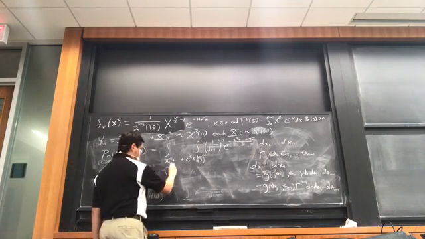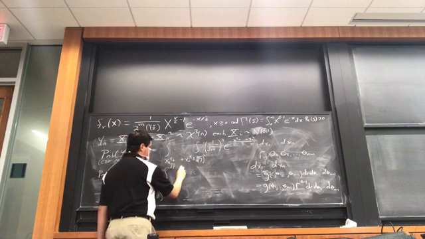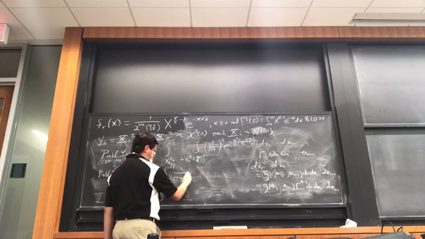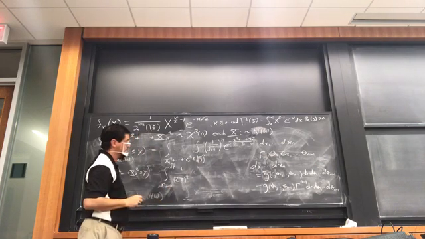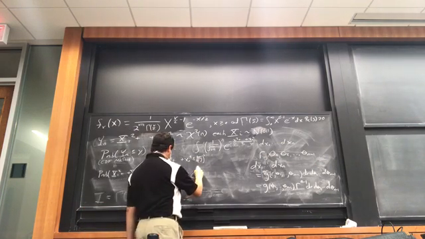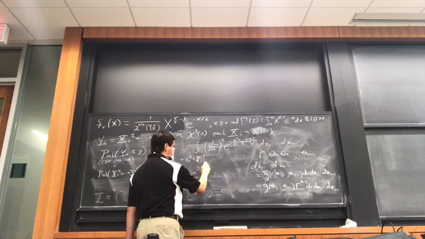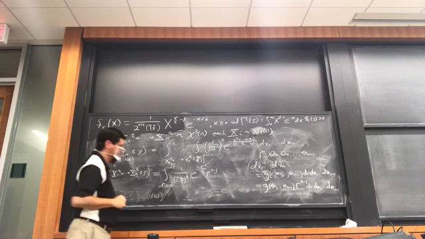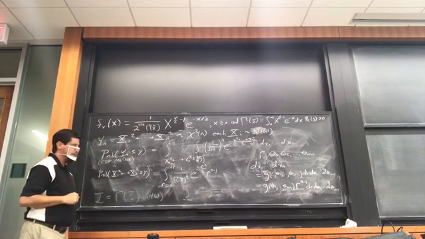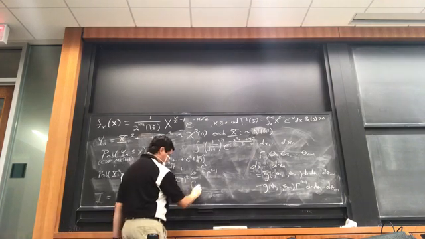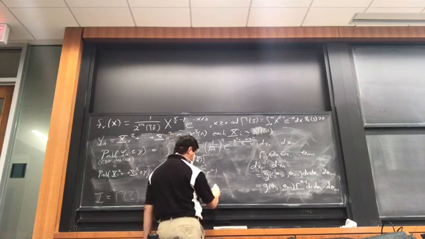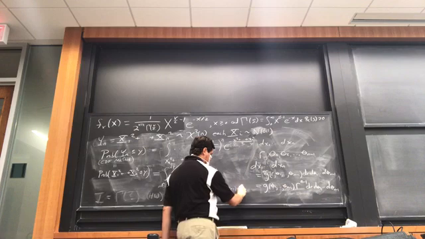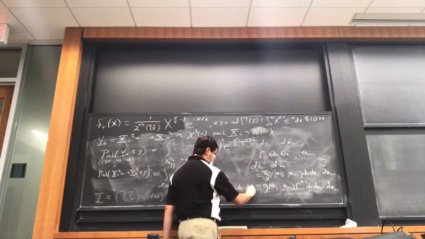So r goes from 0 to square root of y. I have a 1 over 2 pi to the n halves. I have an e to the negative r squared over 2, r to the n minus 1. And now I have all of my angle integration, g of theta 1 through theta n minus 1, d theta 1 through d theta n minus 1.